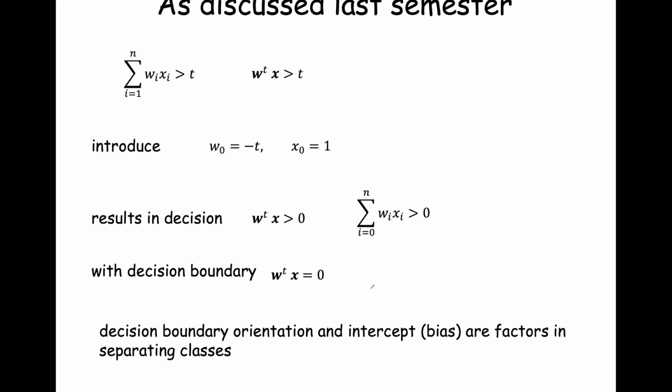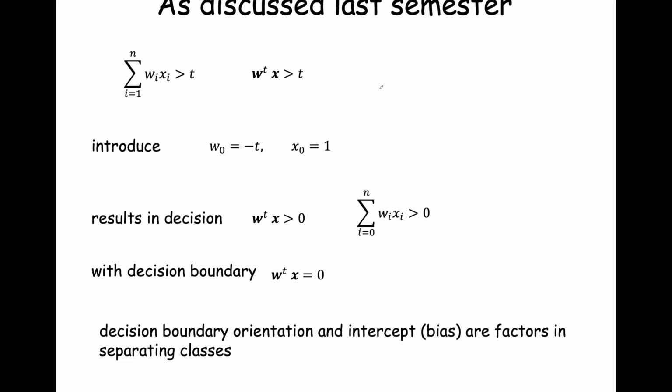And so we can solve for this a little bit easier in practical terms, and we can introduce a new coefficient W naught. So you'll notice here in the original summation, we started at i equals 1 for the first feature, the first weight. And so if we introduce a W naught equal to minus T, and an X naught dummy variable equal to 1, now we can rewrite this expression as W transpose X greater than 0.